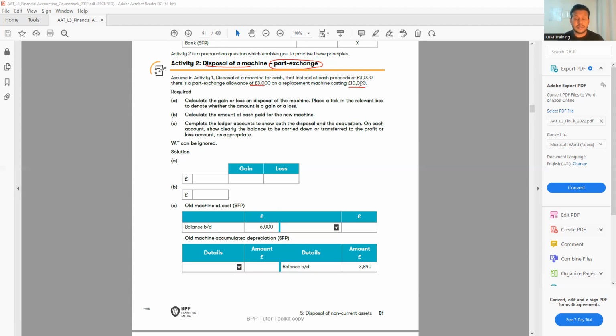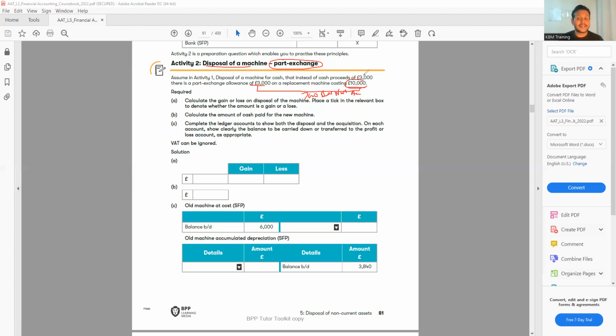So they're saying, just think they didn't give us any cash, but we took a replacement asset and the replacement asset cost is 10,000. So how much do you still need to pay? Because if the replacement asset is 10,000 and the value of my old machine is 3,000, that means 7,000 I still need to pay from the bank for the new asset, because the new asset cost is 10,000.